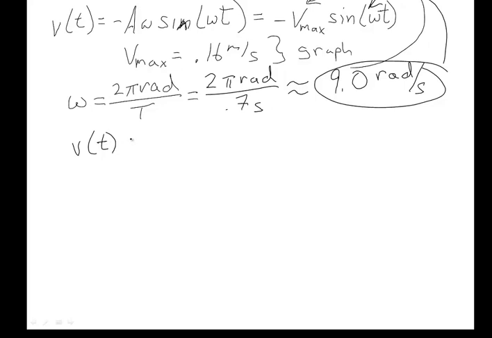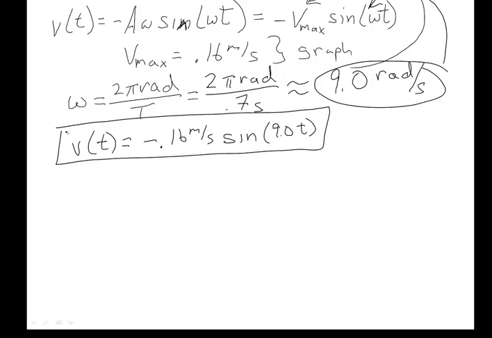So the velocity as a function of t is going to be 0.16 meters per second, because that's our maximum velocity, times sine of omega t, but for omega we're going to put in what we just calculated, 9 radians per second, times t. Remember that the units just go in the coefficient before the sine. The other part's unitless.